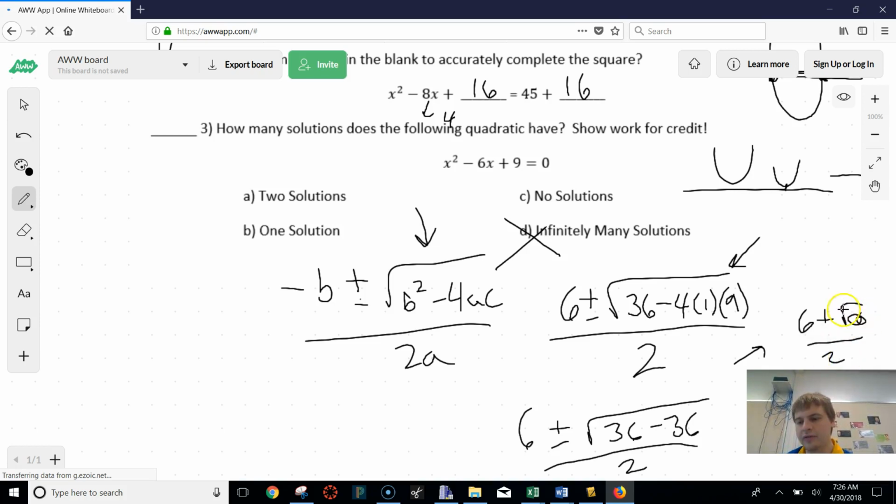Well, you might go, well, we have two answers because we have that plus or minus. But in this case, we would only have one solution. And you could double check this. What's 6 plus 0? 6. What's 6 minus 0? 6. So your answer to this would be 3 or 3. So for this thing, we are actually only going to get one solution.